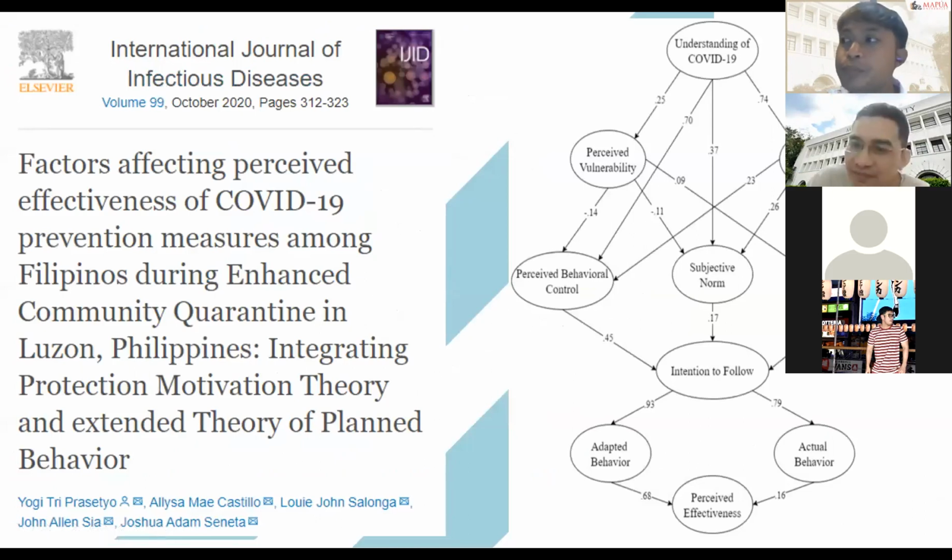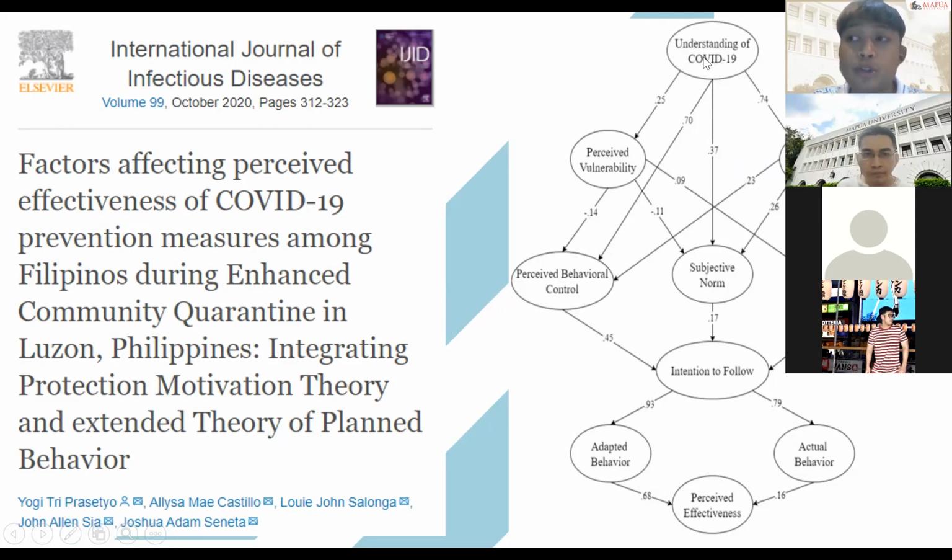And this is another one, the protection motivation theory, which is actually this one: vulnerability, perceived severity. And this is the theory of planned behavior, and you can extend it to actual behavior and perceived effectiveness. Now, if someone does not believe in COVID-19, why do I start with understanding of COVID-19?